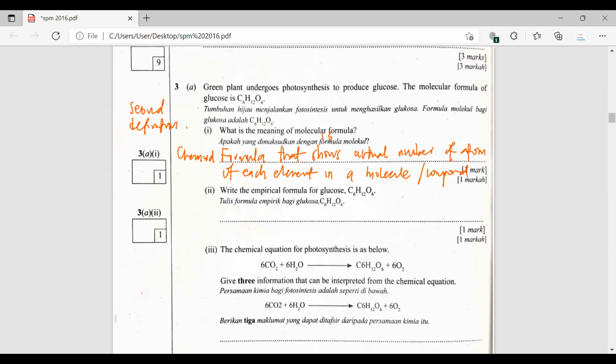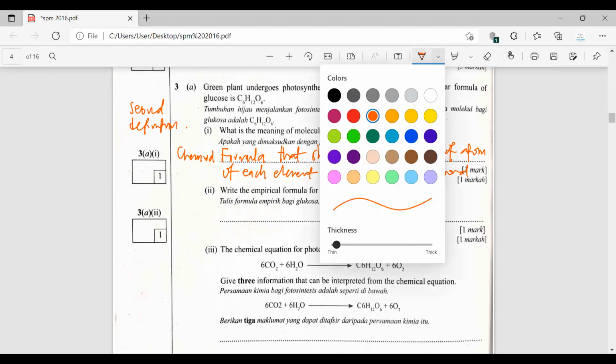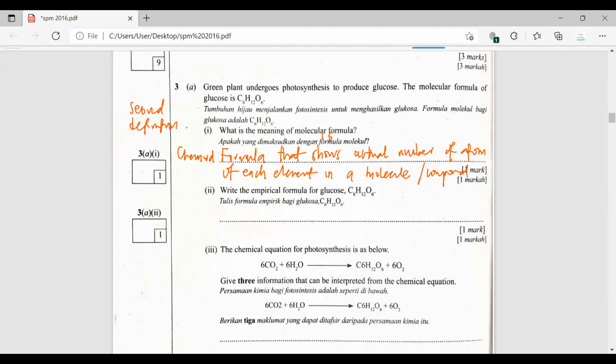Can or cannot? Boleh atau tidak? If you're not sure, just say, teacher, I'm not sure. Cannot, sir. Okay, cannot. It must not be is. Cannot be is at all.